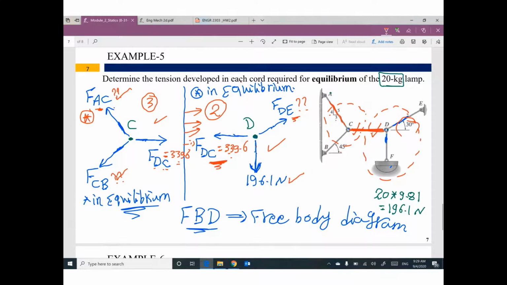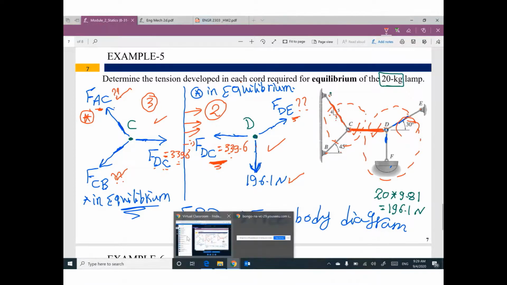We have 1, 2, 3, 4 chords. So we have 4 forces, FDE, FCD, FBC, and FAC, and I am done. Any question? Guys, any question?